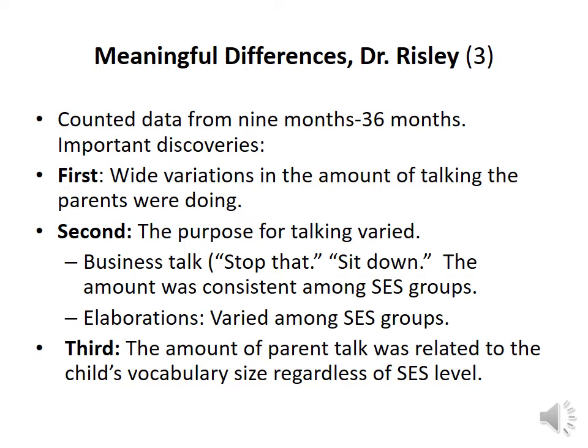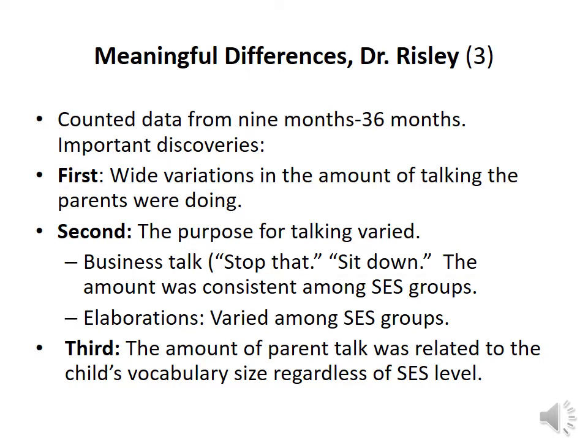The other type of talk was elaborations, where parents would elaborate on things. If a child brought them a truck, the parent would say, "Look at that big red truck that you have. Look at the 4 wheels that it has on it," and so on and so forth, where they elaborated on something, or where a child would say something and a parent would repeat it and then add words to it.